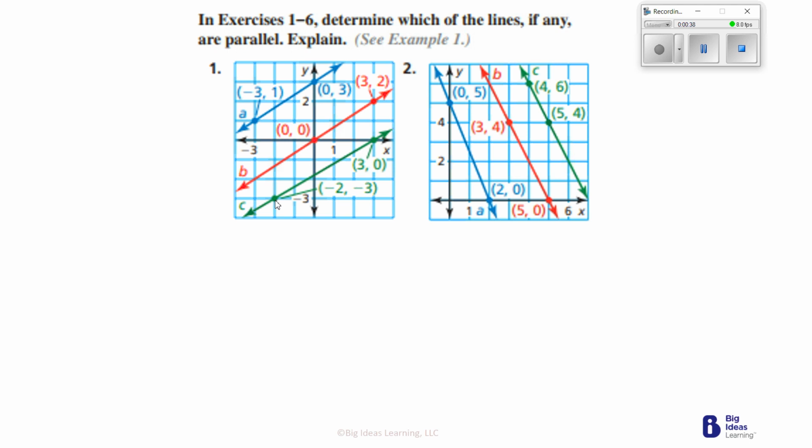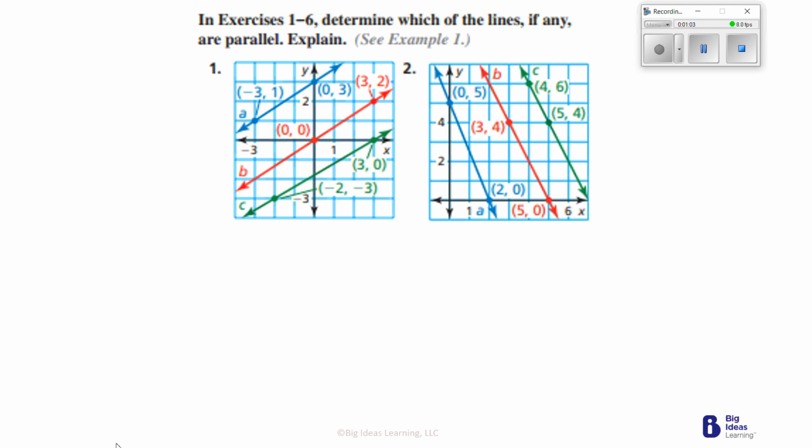But when I look at this one, the point's over here. So we're talking about a rise of 1, 2, 3, and a run of 1, 2, 3, 4, 5. So I would say A and B are parallel.